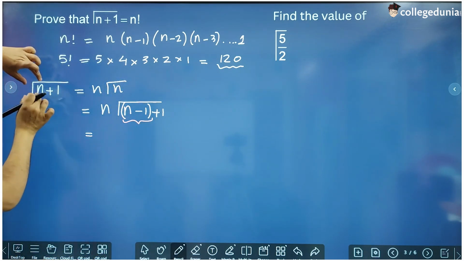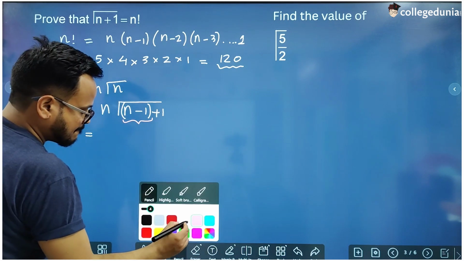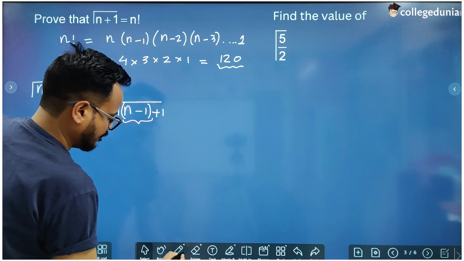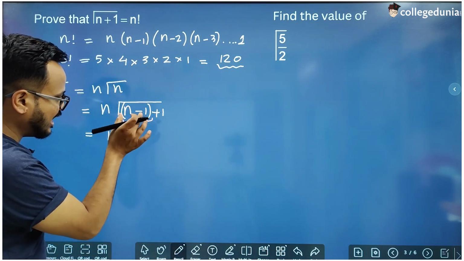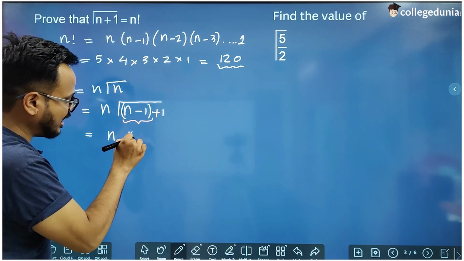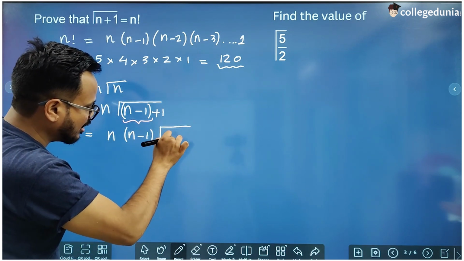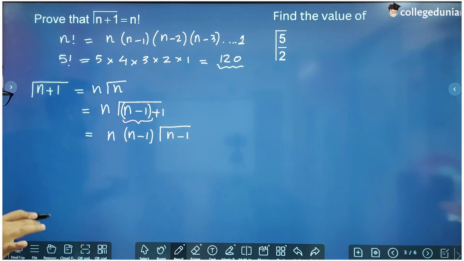So gamma of n plus 1 is n into gamma of n, right?